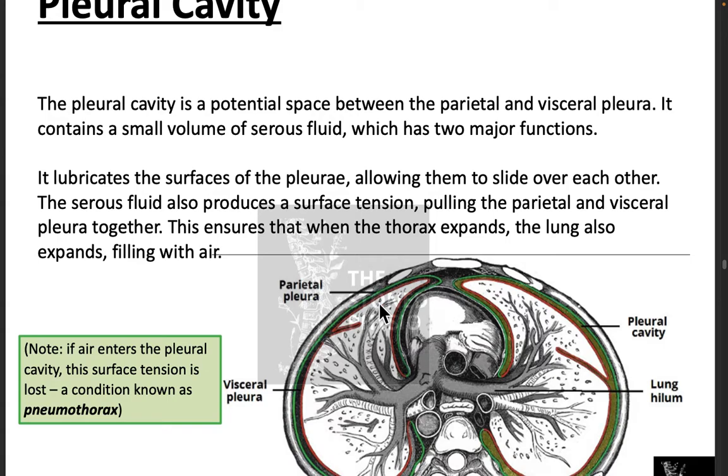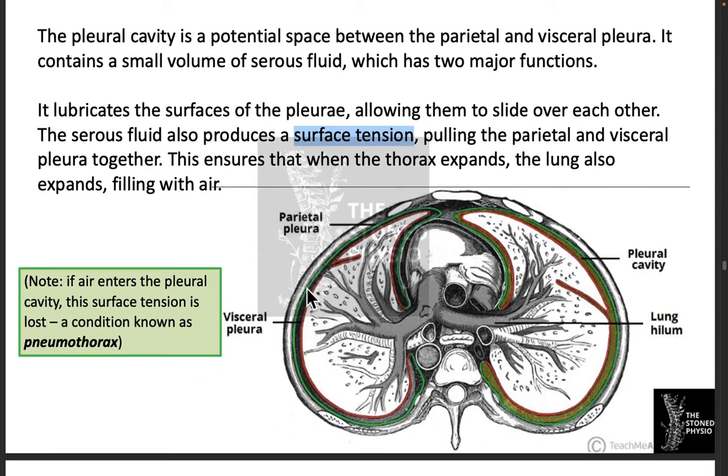First of all, the term that we need to talk about is surface tension. We saw that the outer green layer is the parietal pleura, and the inner red layer is the visceral pleura. The space between these two pleura is the pleural space.